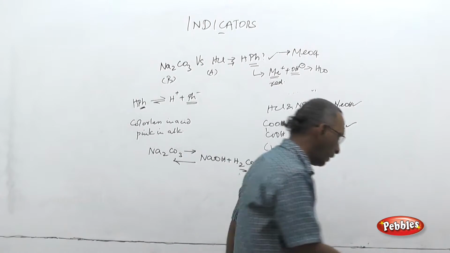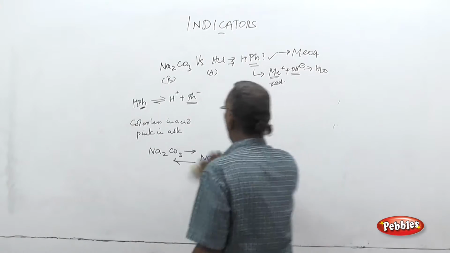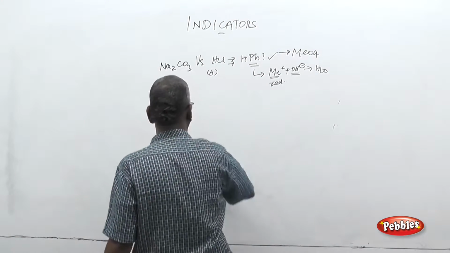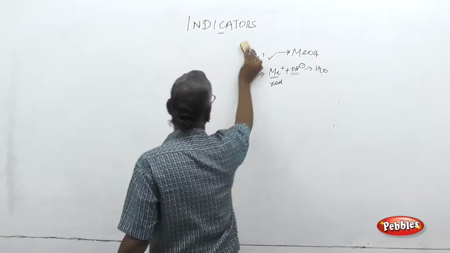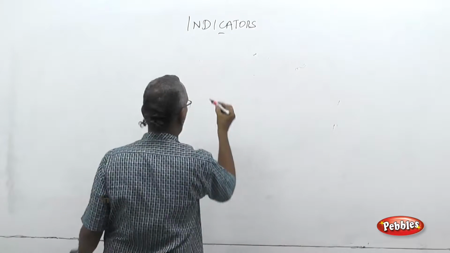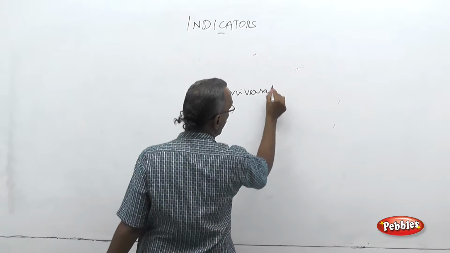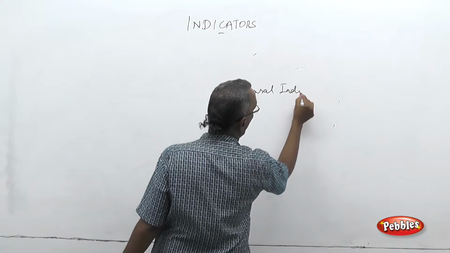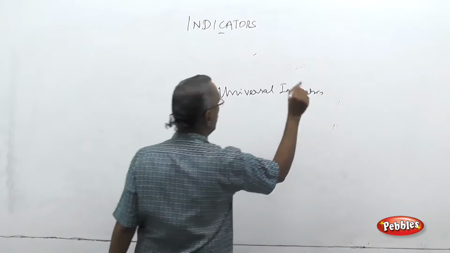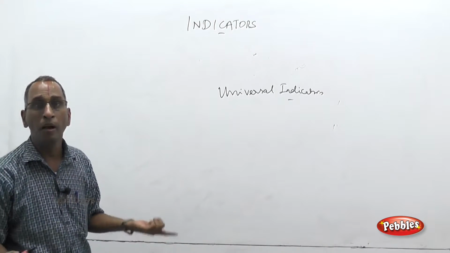Lastly, there is a type of indicator called universal indicator. So these are individual indicators which are used either in alkaline medium or in acid medium. Universal indicator is one which is a mixture of different indicators. Universal means collection. It is a reasonable mixture of different indicators, which shows color change at different pH.